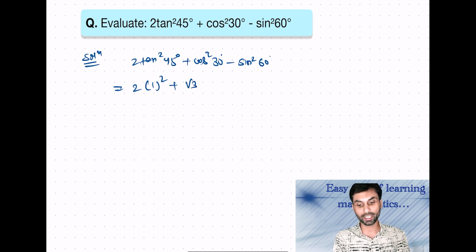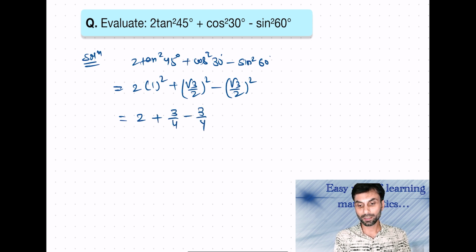We know cos 30 is root 3 by 2, so this will be root 3 by 2 whole square minus sine 60 is also root 3 by 2, so this will be root 3 by 2 whole square. In this case, this will be 2 plus 3 upon 4 minus 3 upon 4. We can cancel 3 upon 4 and 3 upon 4. We will get the value of it as 2.